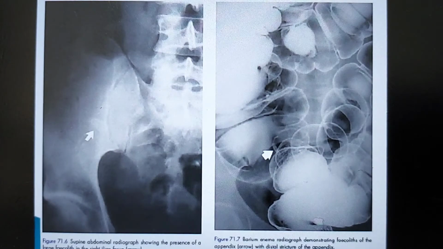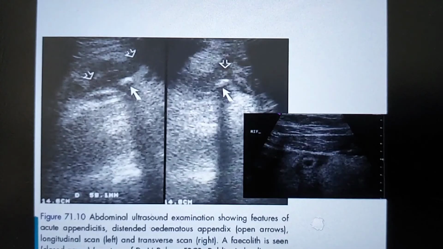The left picture is the abdominal radiograph showing the presence of a large thickening. You may see the tubular structure in the right iliac fossa over the abdominal radiograph. The right picture is the barium enema radiograph demonstrating thickening of the appendix with distal stricture of the appendix. This is the abdominal ultrasound examination showing features of acute appendicitis.